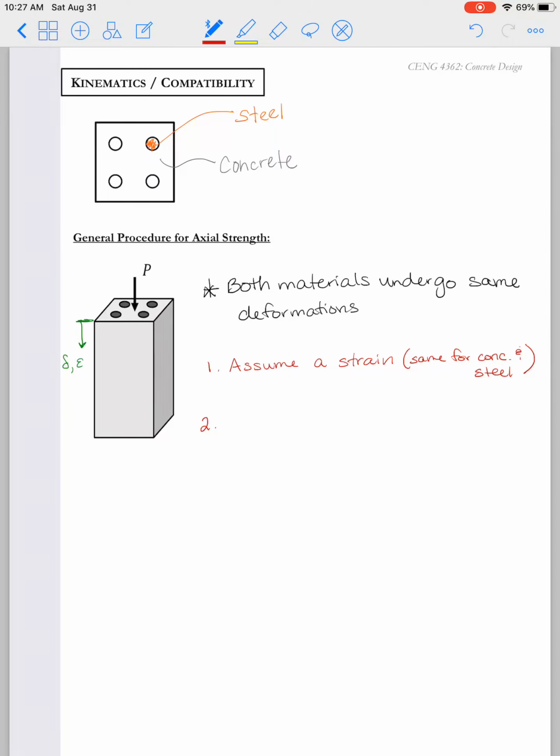All right, once we have the strain, we want to convert that to stress. So we need to have some sort of model. We talked in class about some of the different stress strain curves we could use for each material to determine the stress in that material.